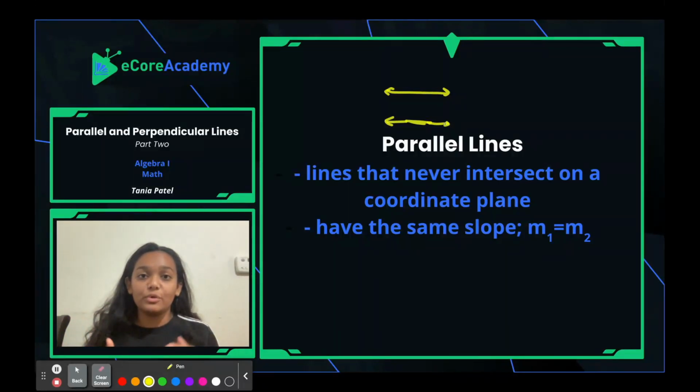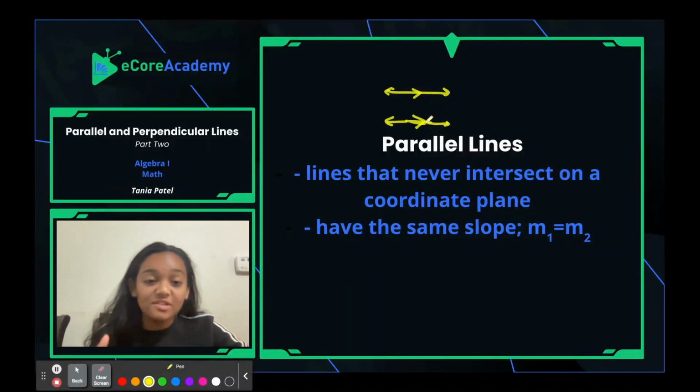The only way that you will ever be sure is if you have the slopes, and you know that the slopes of both of these lines are equal to one another. But in this case, we obviously do not have the slopes. The only other way to know that these two lines are parallel to one another is to see if they have that notation, which is kind of like a greater than sign, like I mentioned in the last video. This is the best way to identify if two lines are parallel if there is no slope.